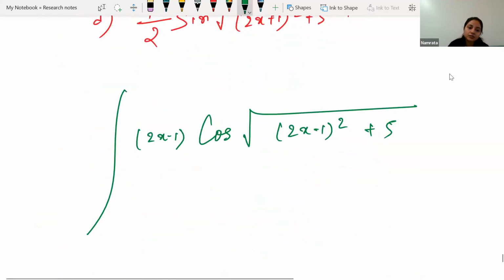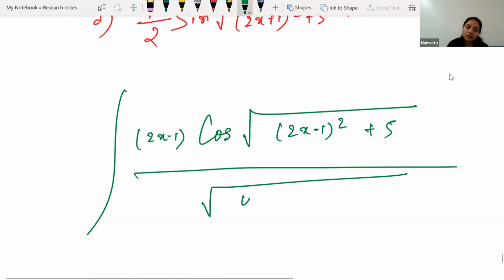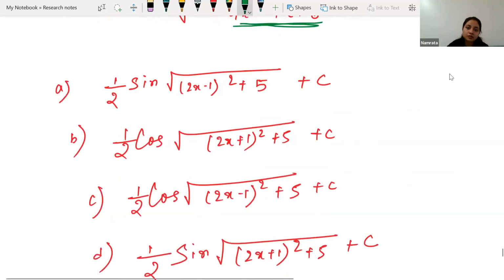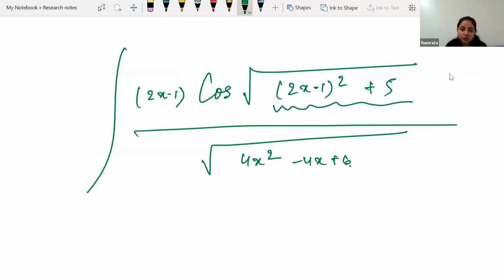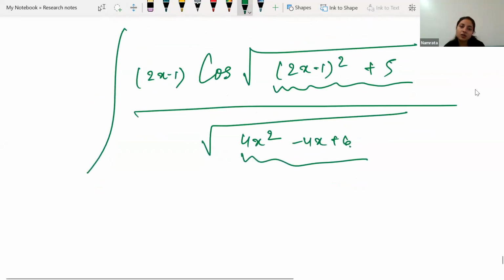In the denominator we are having 4x square minus 4x plus 6. Splitting the middle term we will not try also, because here can you see it is perfect square. So here also we will try to make perfect square. Maybe this under root, that under root, both will be exactly same. Maybe then we can take the substitution directly, the under root part.